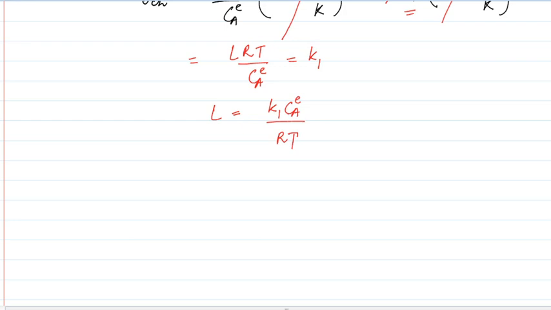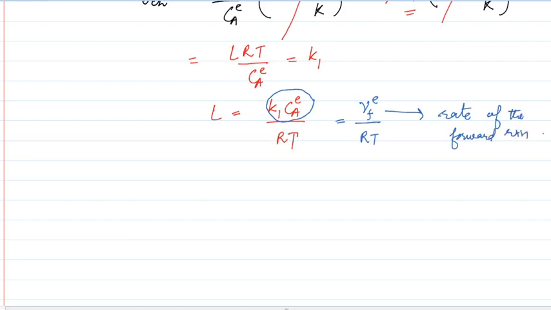This part, K1 CA equilibrium, we will write as nu F equilibrium upon RT. So what is nu F here? It is simply the rate of the forward reaction, but at equilibrium.